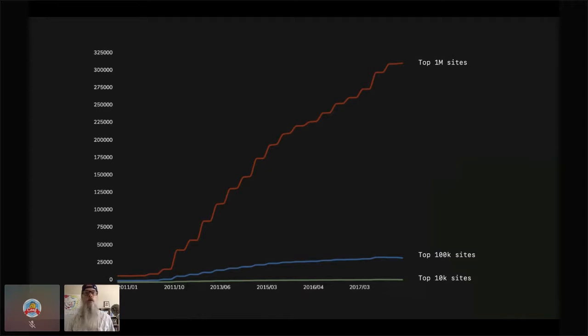This is a graph from builtwith.com detailing the sites built on WordPress right now. This red line, the top 1 million sites, is increasing rapidly. WordPress is now, I think today, 34.1% of all websites.